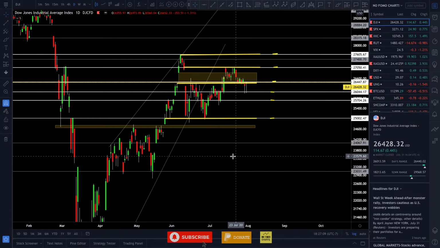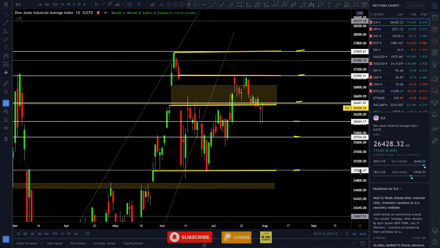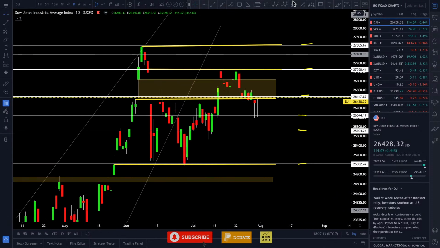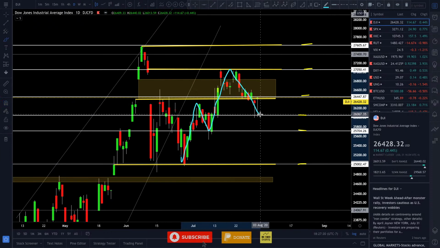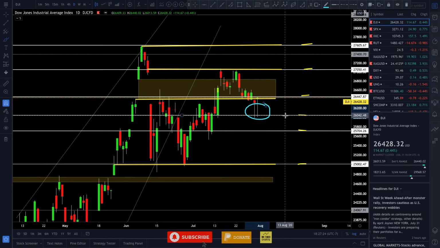Right? So, if we dig in a little deeper in here, yes, we are seeing a higher high, higher low, higher high, higher low pattern. We just might have established this higher low just today and yesterday, right?